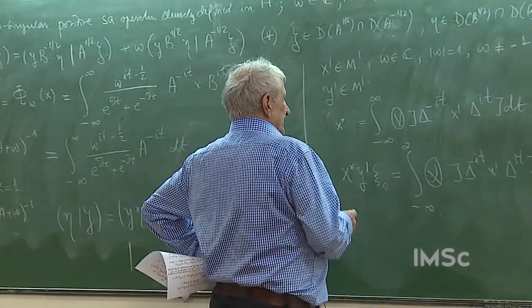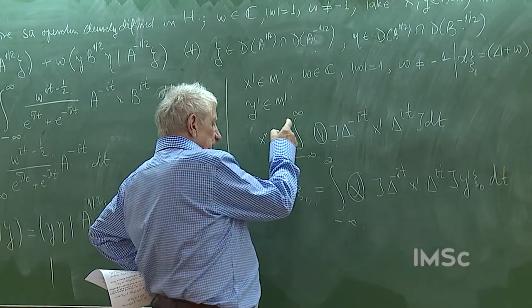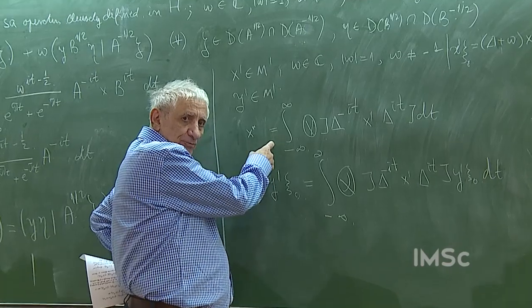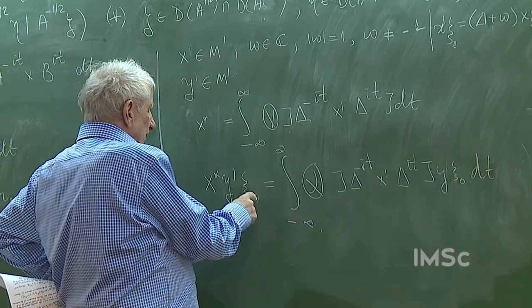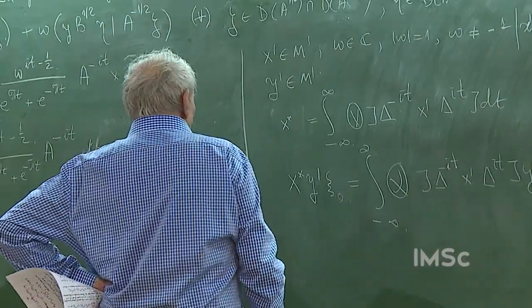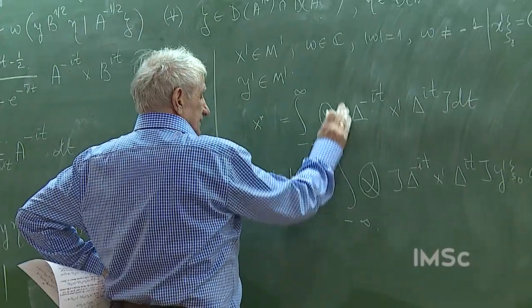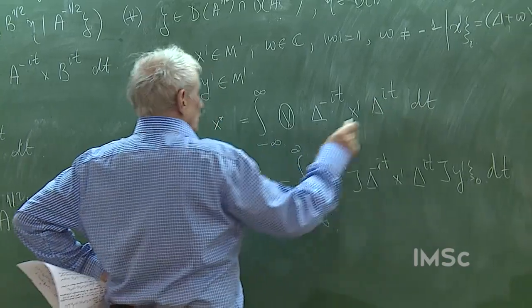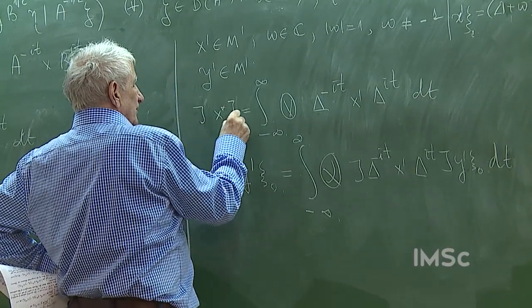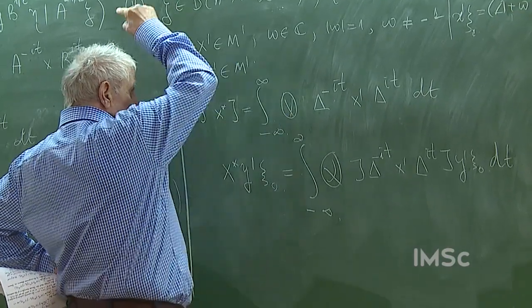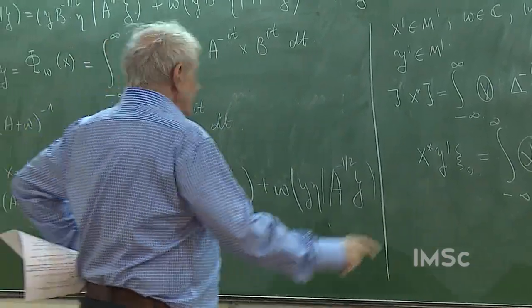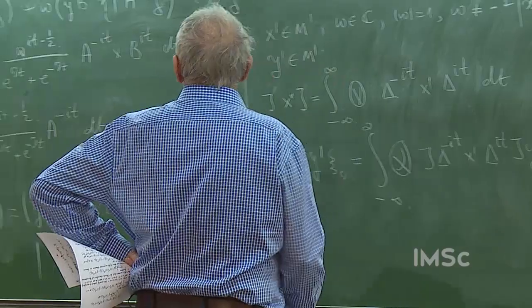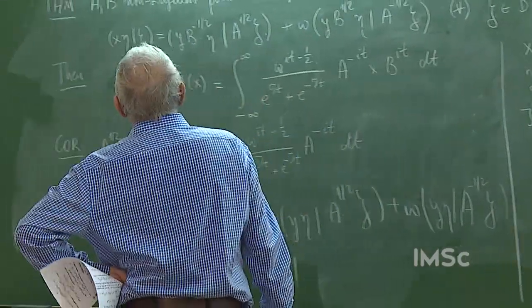Well, this thing here is a consequence of this. It's obvious. It's just that I applied this to the vector y prime psi naught. Now, what I got here: before, I had J x star J equal to this as a consequence of the theorem.